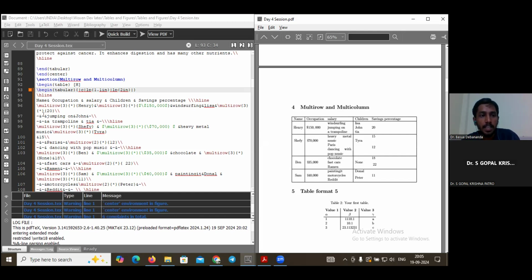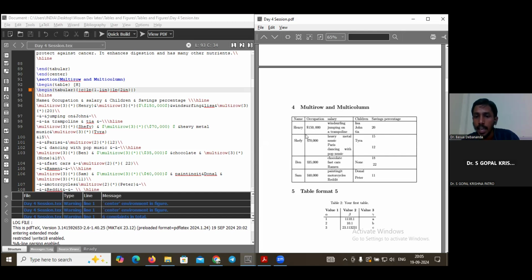Then ampersand, jumping, then double slash again because I have to come to another line. And again I have written ampersand, trampoline, then ampersand here, then this row is completed.